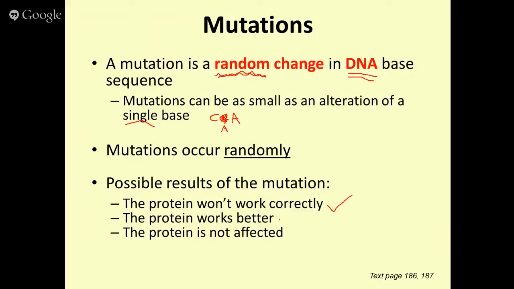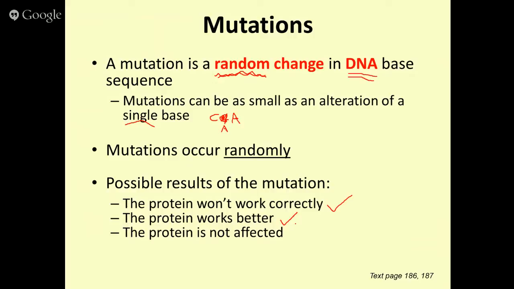The second possible outcome is that the protein works better. Sometimes when you're talking about Darwin's ideas of survival of the fittest, that the creatures that are best fitted to the environment are going to create the most offspring and be the most successful as a species, a lot of the things that allow certain species to do better in certain environments are due to mutations in the DNA.